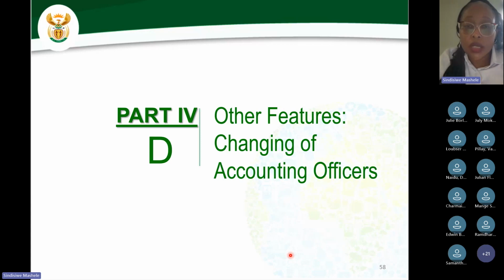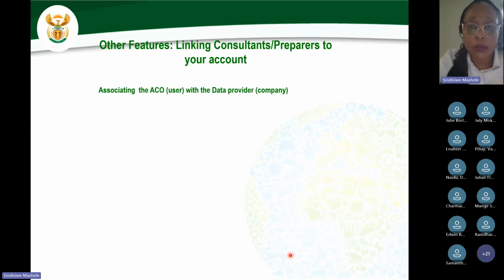If a new person comes in, they have to initiate the process for the information that was previously registered, and they will also have access to previous reports. They can come in and request the change of accounting officers within the system.